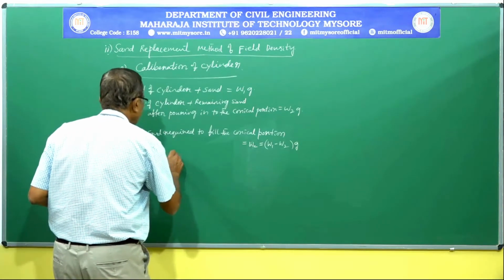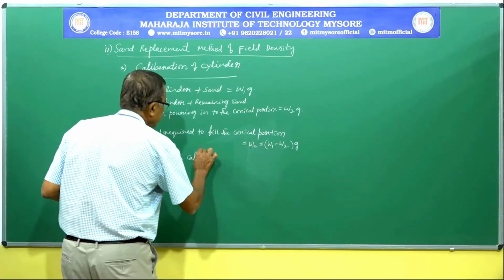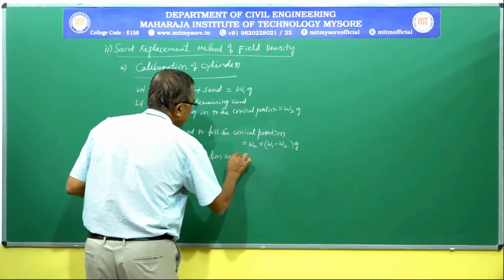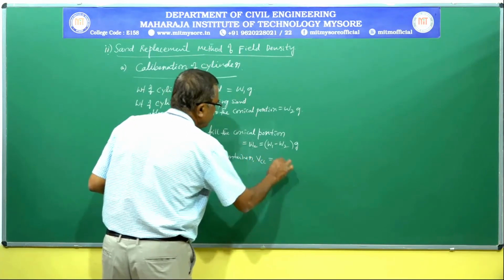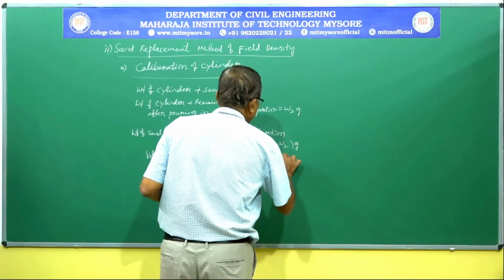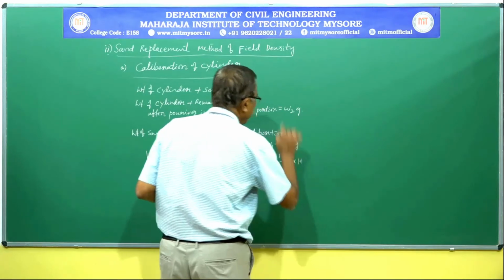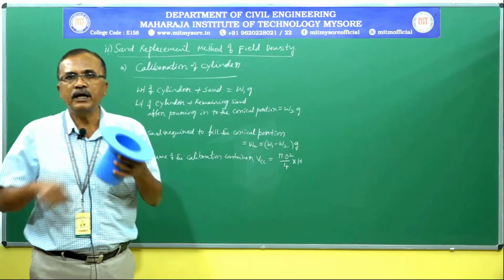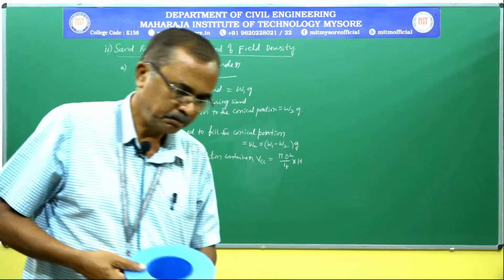So volume of the calibration container, VCC, is equal to pi d square divided by 4 into h, where d is the internal diameter of the calibration container and h is the height of the calibration container, again inside height.